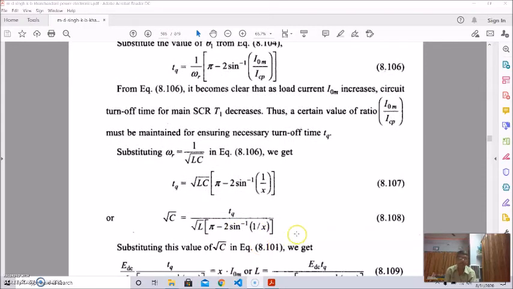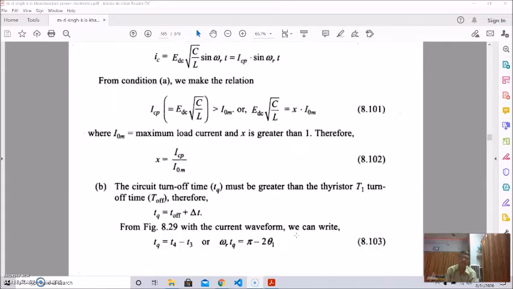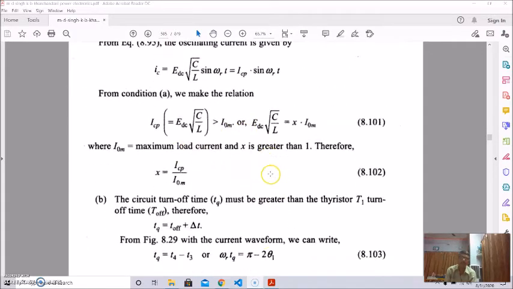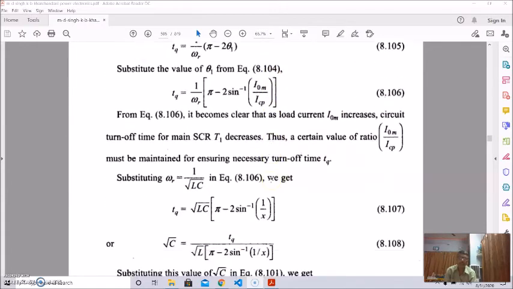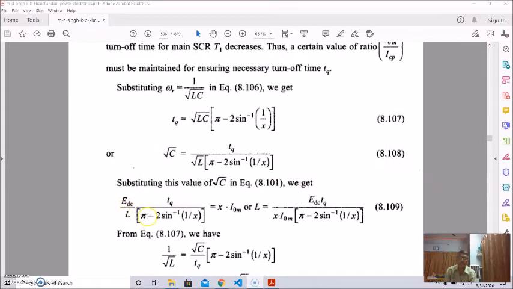Substituting this value in the first equation of ICP, we get EDC by L into TQ by pi minus 2 sine inverse 1 by x equal to x into IOM, or L equal to this.